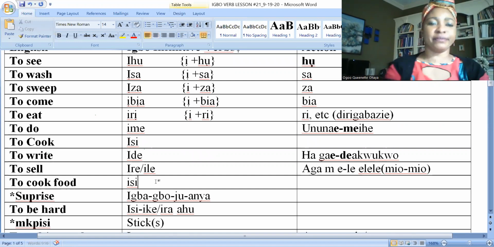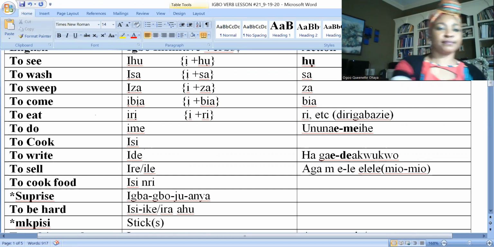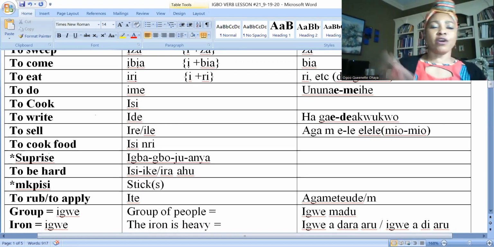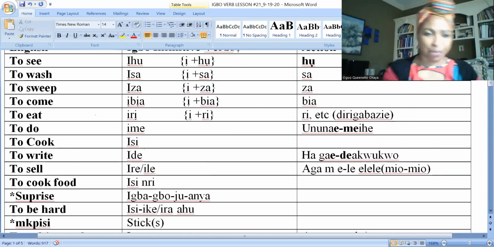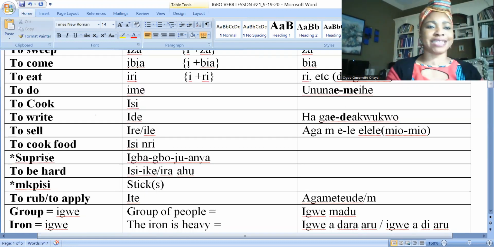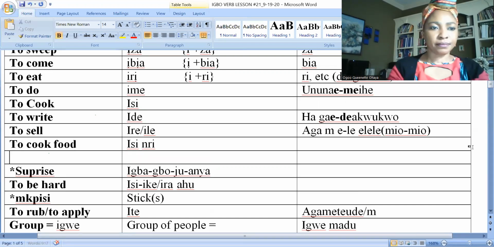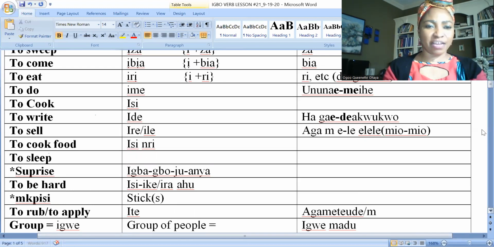Isi nri. Irahi. Okay, to sleep. I'm going to put to sleep here. Irahi, ora. To sleep means erahe. Some people say eraho.